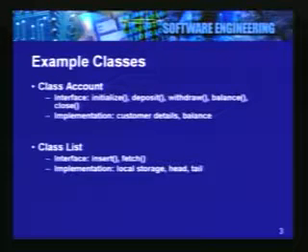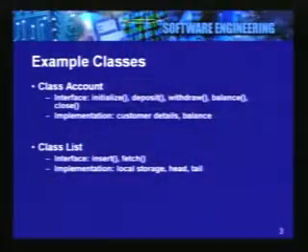What is the state of the account when it is initialized? Then you can operate during the lifetime of the account. You can operate on any object of class account through this interface. You can invoke methods such as deposit, withdraw. You can check the balance using method balance, or you can close an account. So this is the interface of class account through which the object is accessible to you.